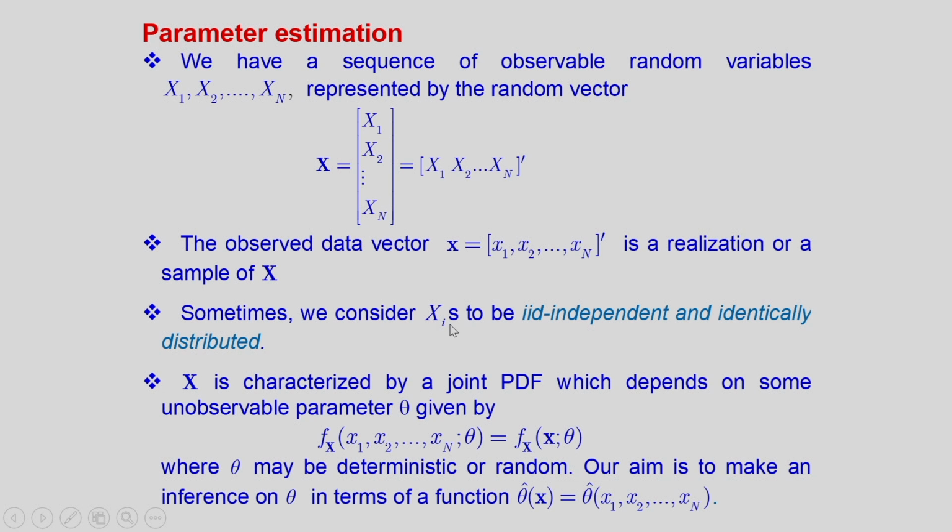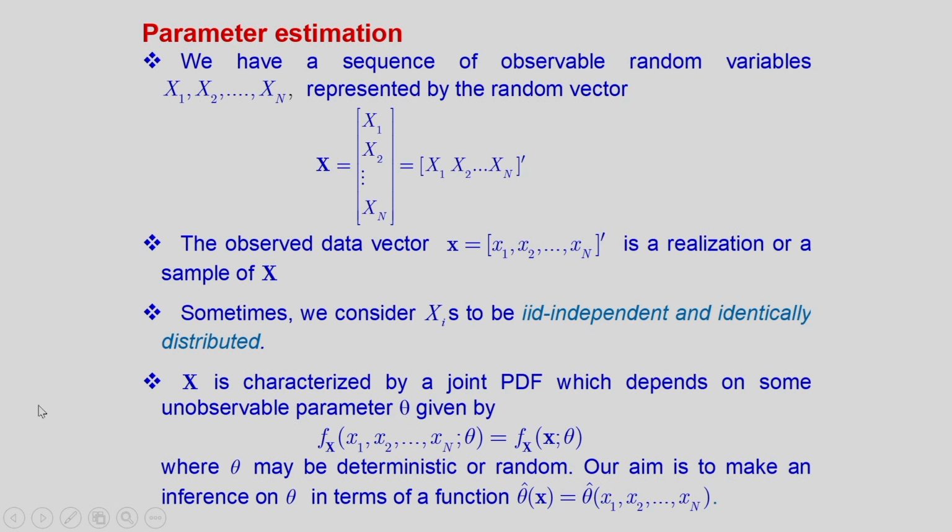Sometimes we consider the xi to be IID, that is, independent and identically distributed. This is also an important concept. All x1, x2 up to xn are independent and each of them has the same distribution. X is characterized by a joint PDF which depends on some unobservable parameter theta.